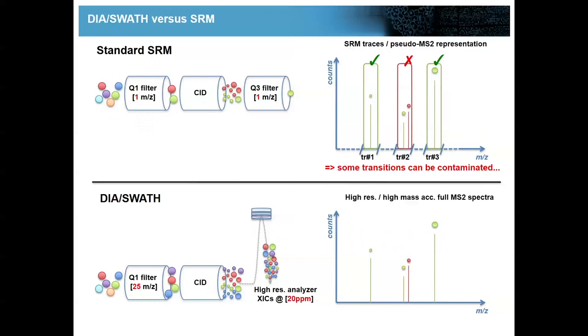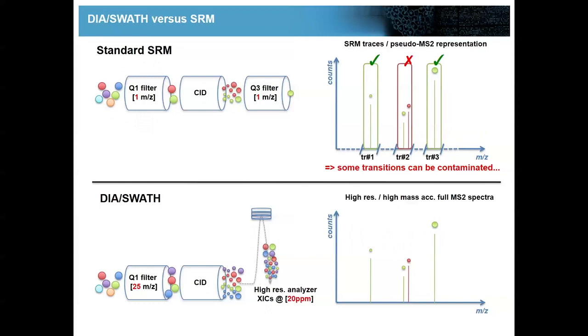Let's say we're trying to measure this green peptide. We isolate that precursor, but sometimes there's another, this red one at a similar nominal mass, coming along for the ride. Then both the red and the green peptide get fragmented by collision-induced dissociation.